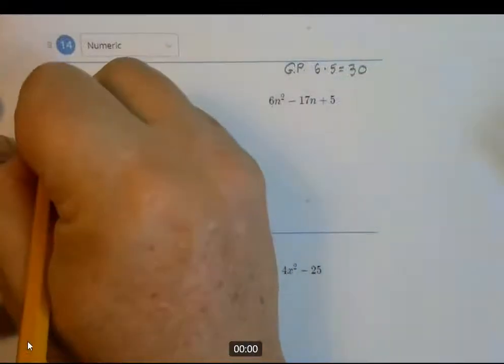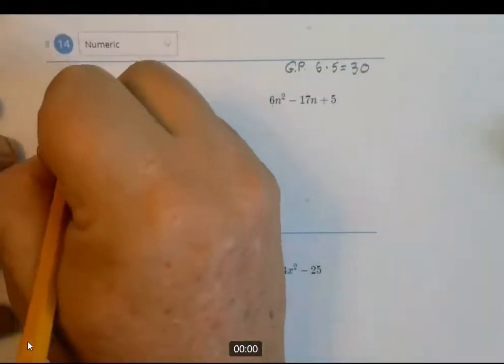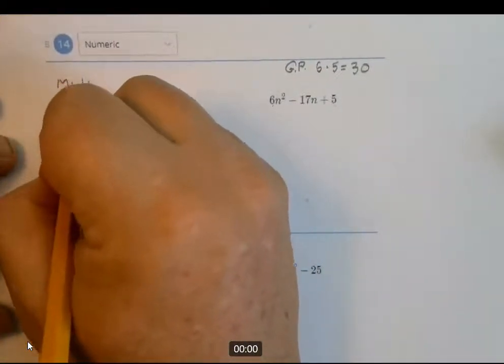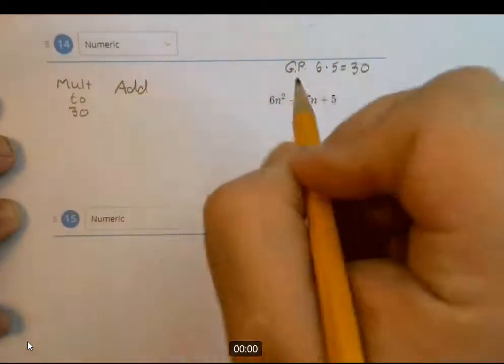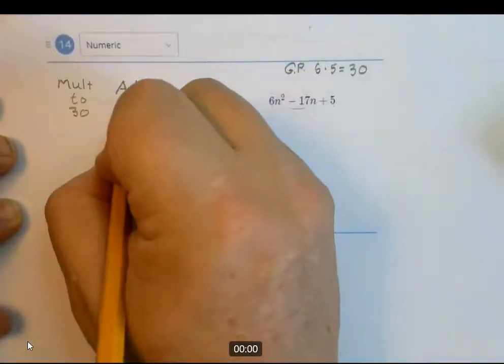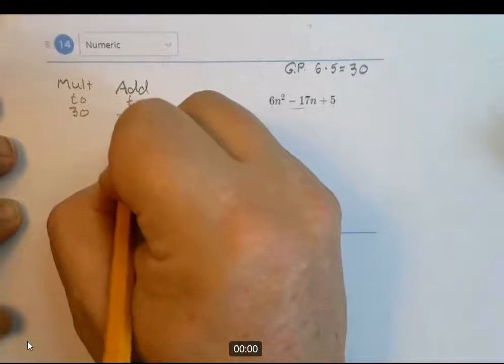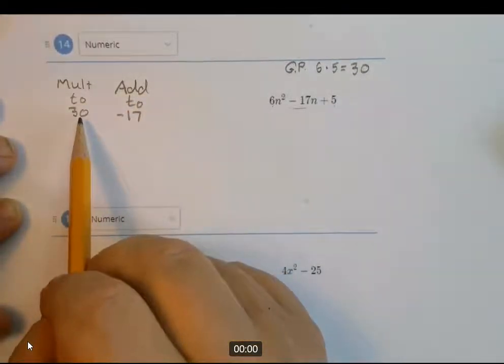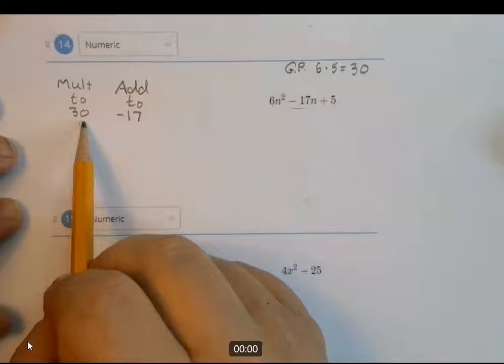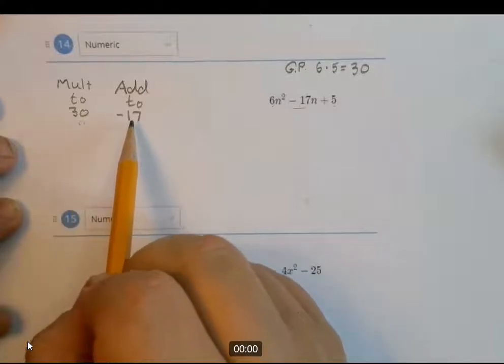So you want to multiply to the grand product, and you want to add to the number in the middle. That's negative 17. Since two numbers that multiply to be a positive number are either both positive or both negative, and since they add to negative 17, they have to both be negative.